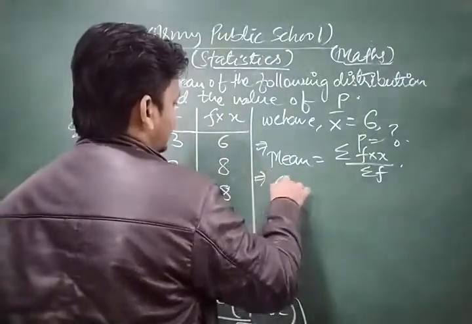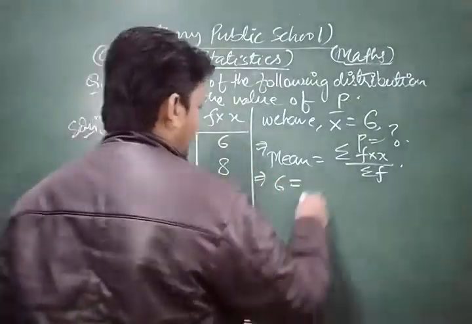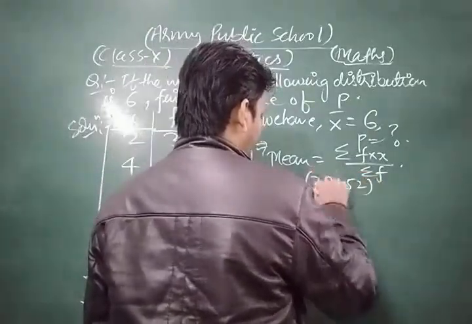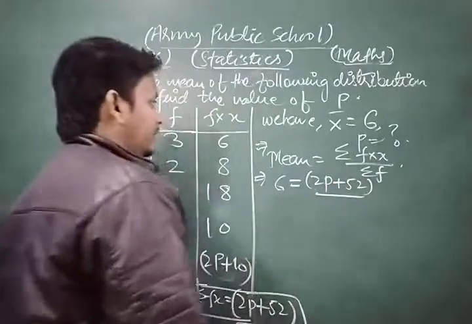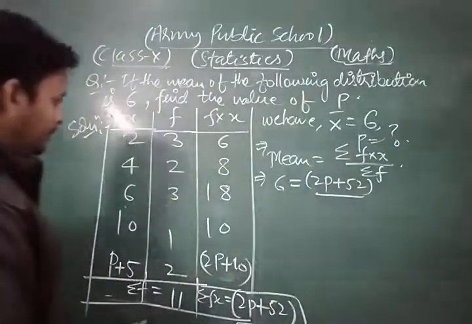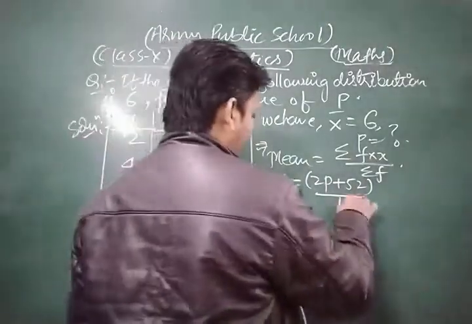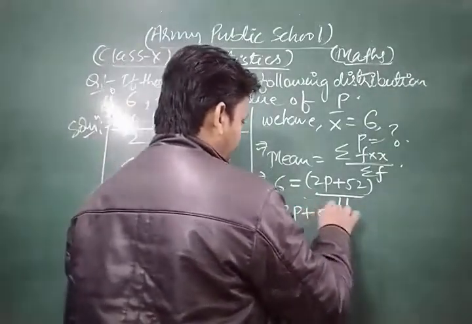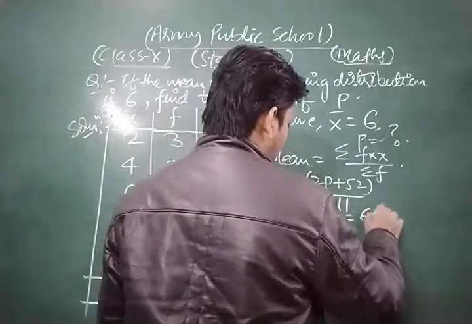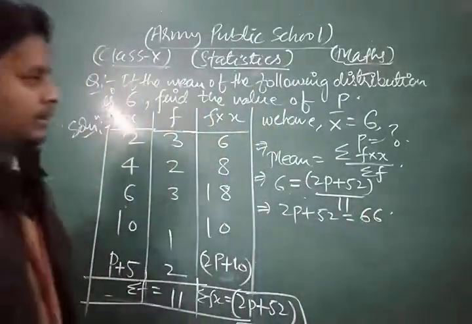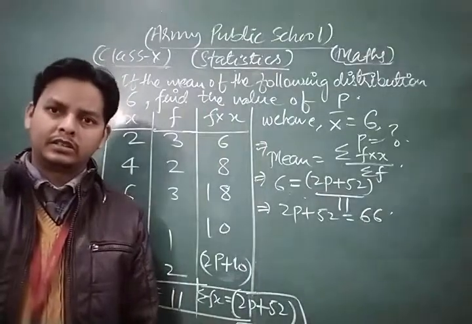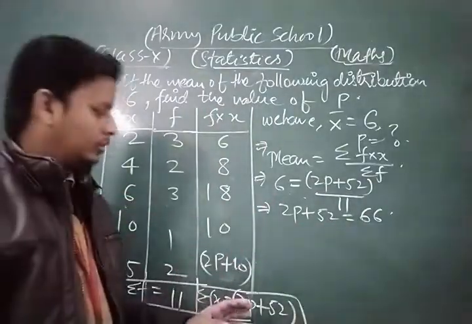Sigma fx we put as 2p plus 52, divided by sigma f, which is 11. Now we do their cross multiplication. So 2p plus 52 is equal to 66.